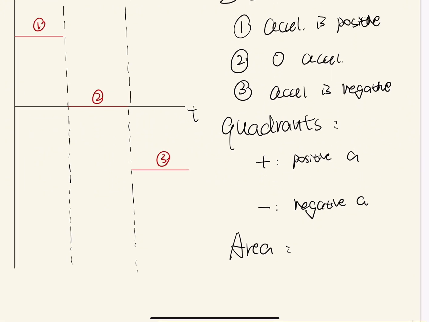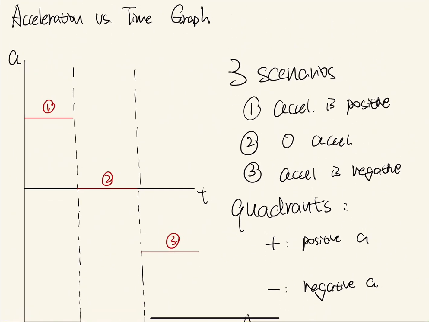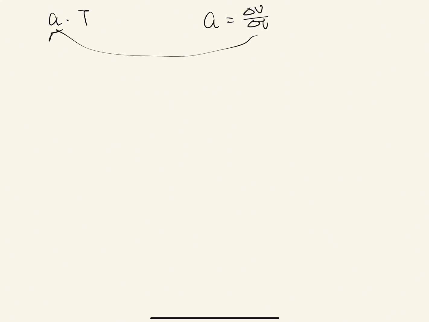And the final thing we need to know is the area under the acceleration versus time graph. I would argue that this one is not as important as the area under the VT graph, but let's think about it. The area under the AT graph would be a times t, and we know acceleration is changing velocity over changing time. So let's plug it in.